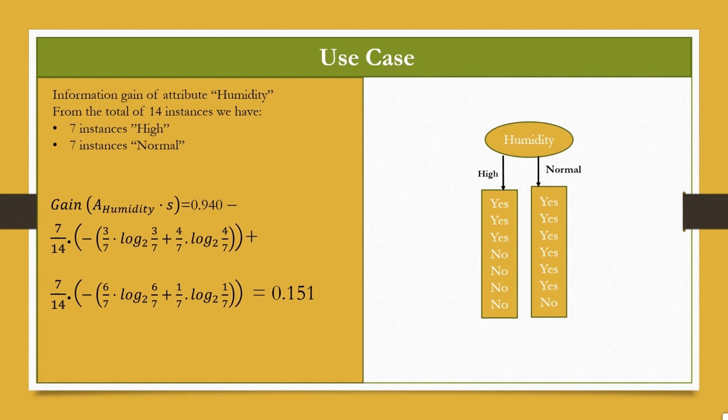Under the high branch node we have 3 instances which say yes and the rest 4 instances say no. Similarly, under the normal branch we have 7 instances which say yes and 1 instance which says no. So when you calculate the information gain for the humidity variable, you are going to get a value of 0.151. Now this is also a very decent value, but when you compare it to the information gain of the attribute outlook, it is less.